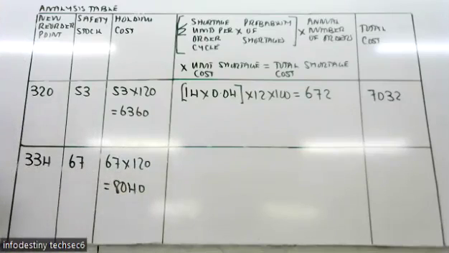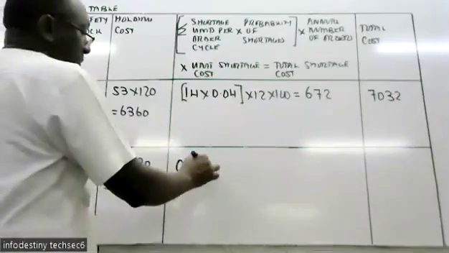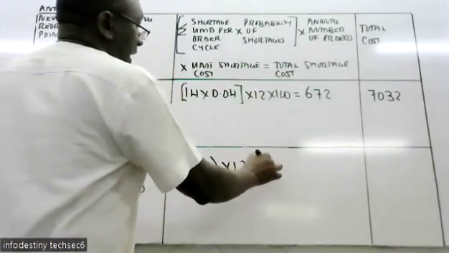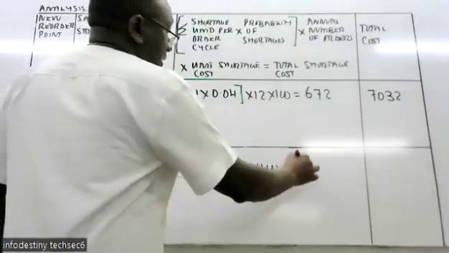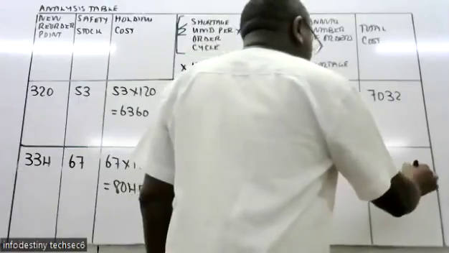You can only be out of stock if we are beyond that. So if we are not, you simply say 0 with a probability of 0 multiplied by 12 multiplied by 100. That gives us 0. So the total is 8040.